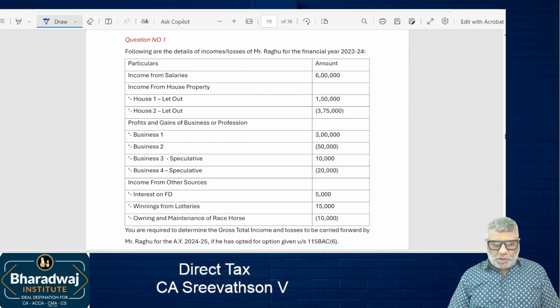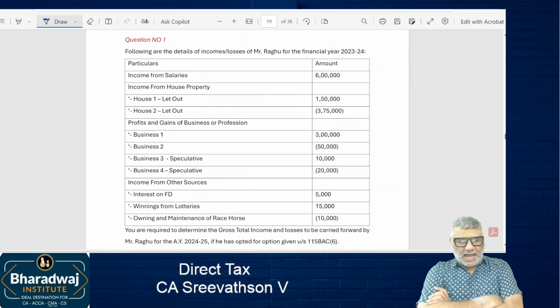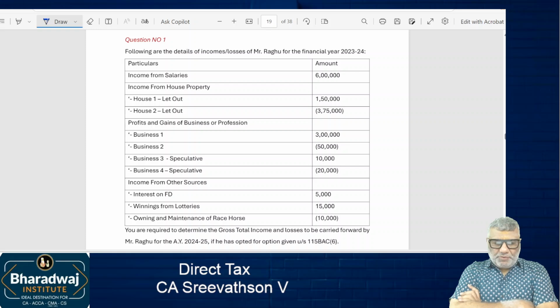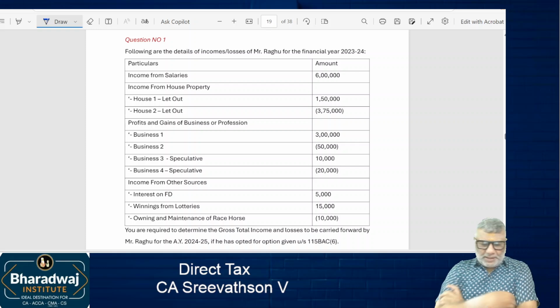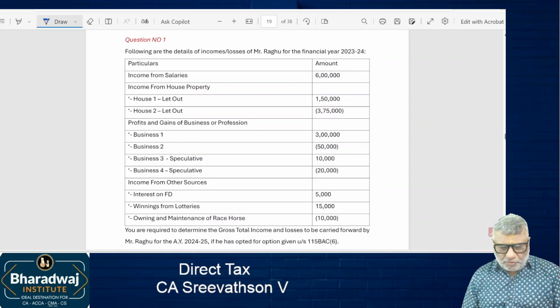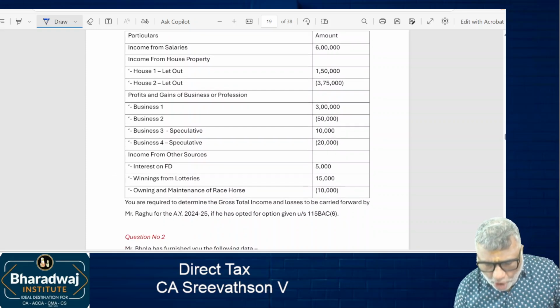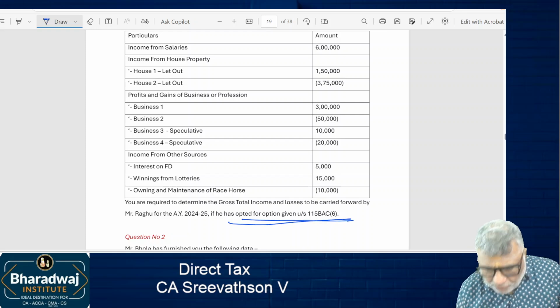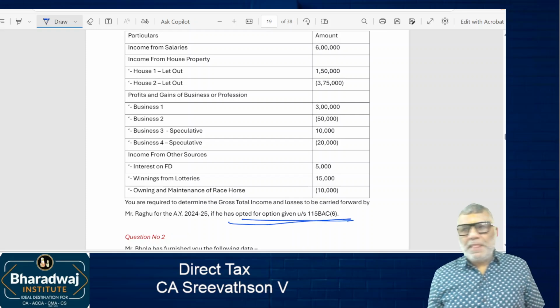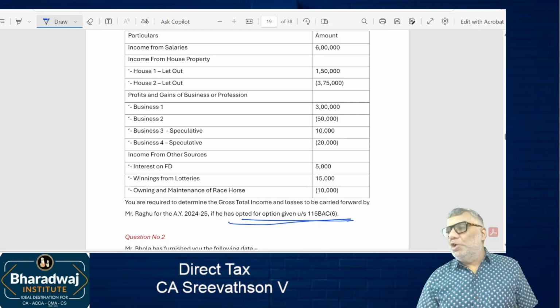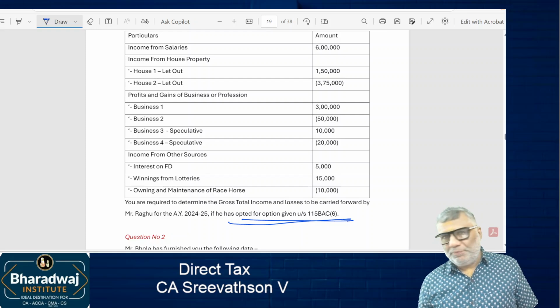Following are the details of Raghu: salaries, income from let out property, loss from let out property, PGBP, IFOS. You are required to determine the gross total income and losses carried forward if he has opted for 115BAC, which means he is opting out of the new scheme to the old scheme.